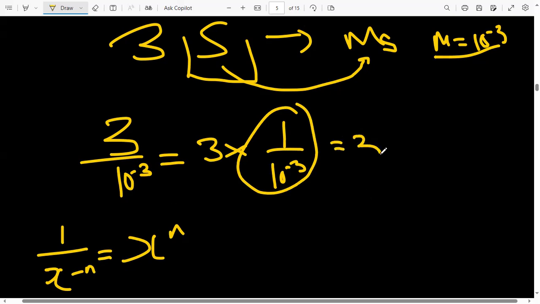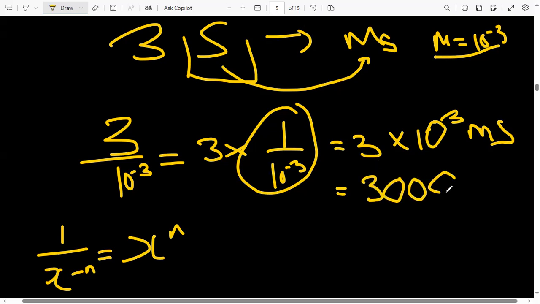So this will be 3 multiplied by 10 to the power 3 milliseconds. Okay, so we identify that 10 to the power 3 is 1000. So 1000 multiplied by 3 is just 3000 milliseconds. Okay, so this is the answer there.